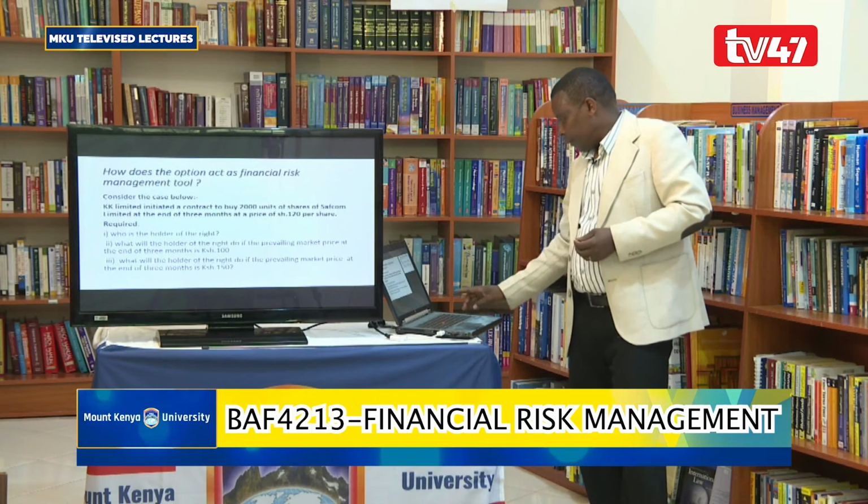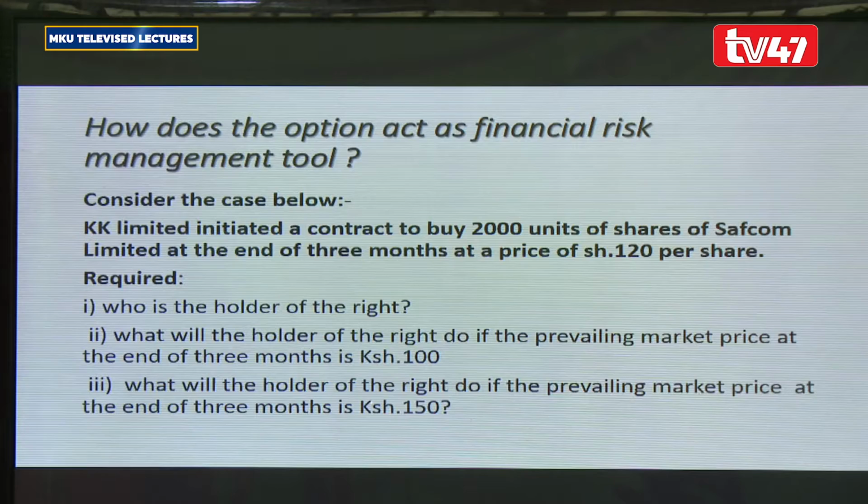Let's go to number 3. What if the market price at the end of 3 months is Kenya shillings 150? Okay, what is happening here? The contract is promising you to buy at Kenya shillings 120, but in the market, it is telling you it is going to be 150. Prudence works again. You rather buy through the contract and avoid the market. If anything, you can buy from the contract, run to the market, and sell at 150.